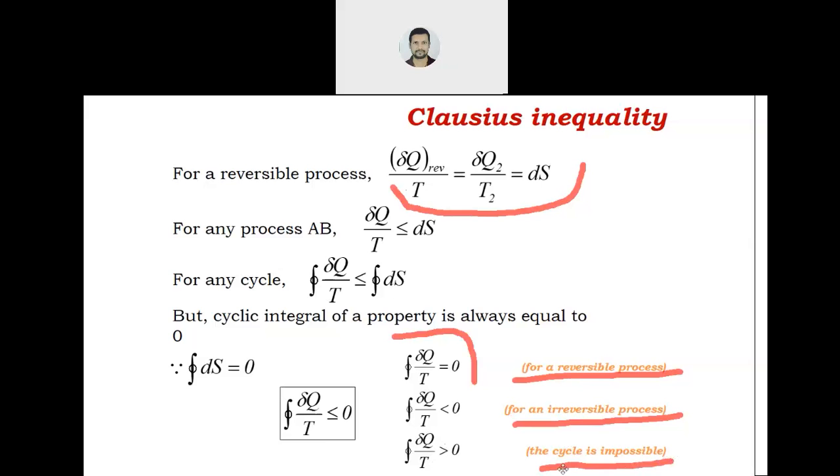This process is impossible. This is one of the limitations of the first law of thermodynamics. The first law doesn't tell you whether a process is possible or not, and the second law tells you. So this is one of the conclusions of the second law of thermodynamics. This process is impossible. Why? Because dq by T cannot be greater than 0.